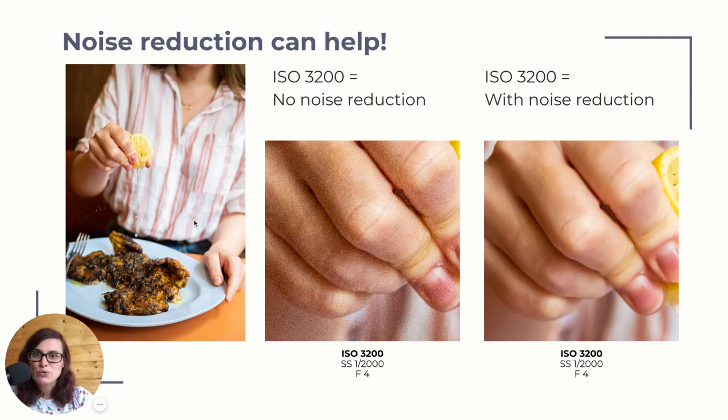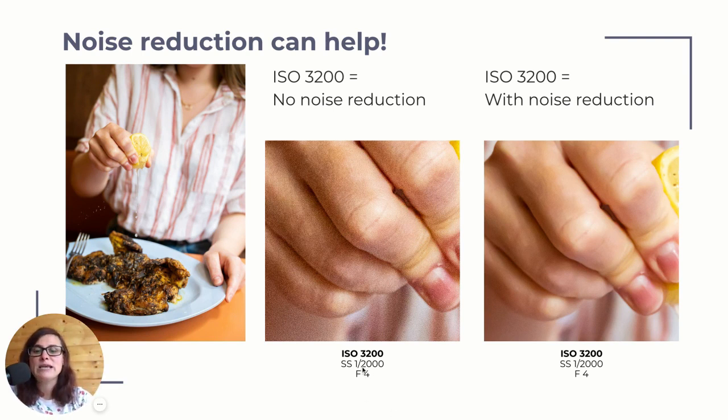Why did I shoot at such a high ISO? Not only because I didn't have enough natural light, but also because this is an action shot. I wanted to capture and freeze the action and the drops of lemon, and have a look, because we have another class on this. But basically, in order to freeze the action, you need to use a fast shutter speed.